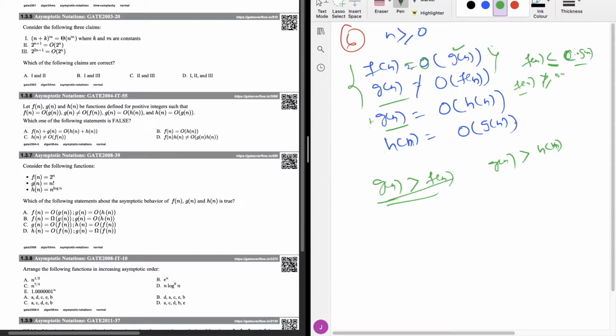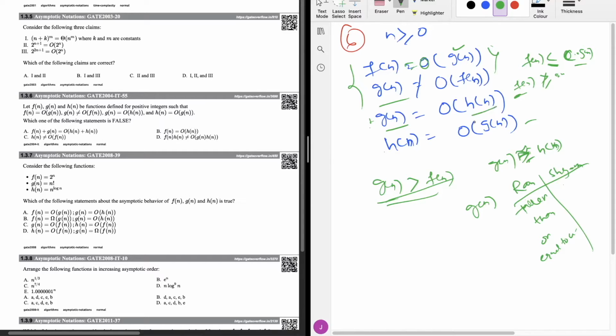h(n) equals big O of g(n). That means h(n) is also greater than g(n) from this statement, so both are asymptotically equal. Suppose Ram and Sam are there. From the first statement, Ram is saying, I am taller than or equal to you, because the definition of big O is that it is greater than or equal to the function given outside.